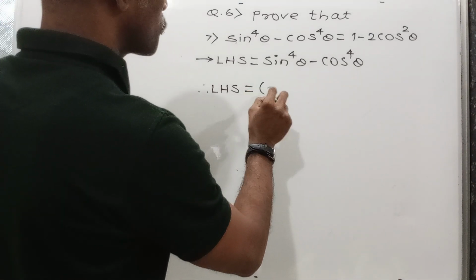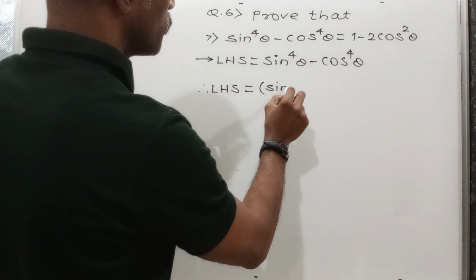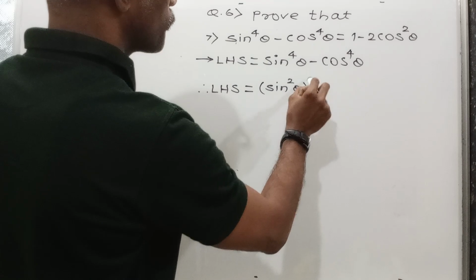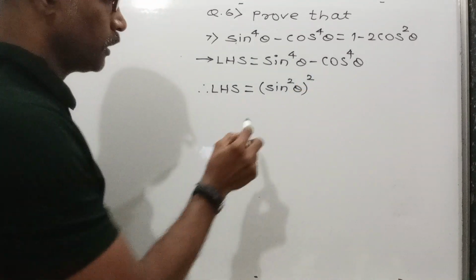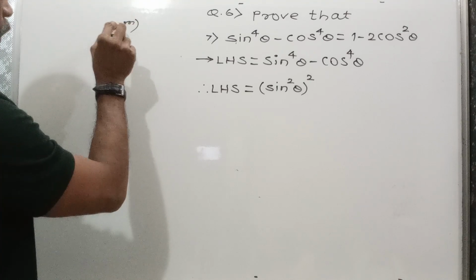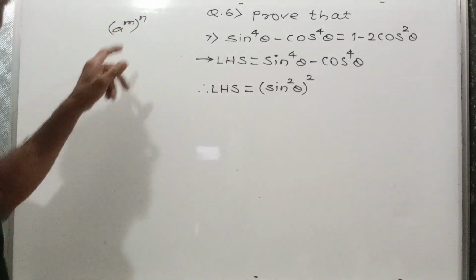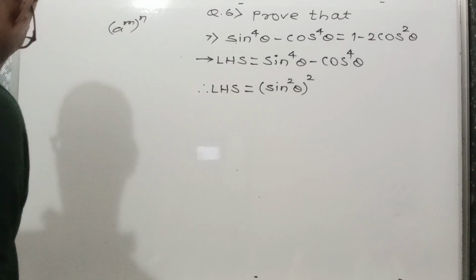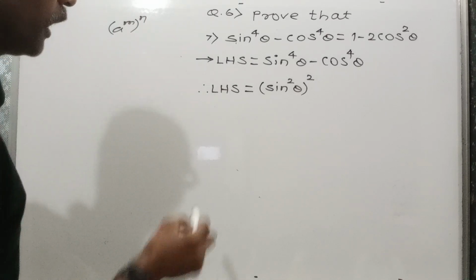So we write it this way: (sin²θ)². This is by the laws of indices: (a^m)^n means a^(m×n).